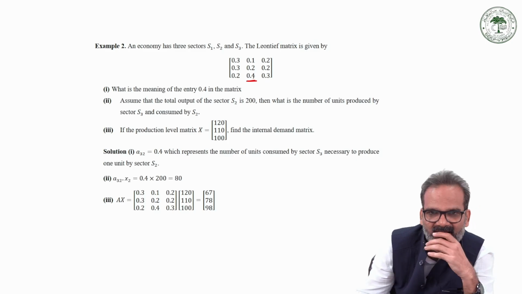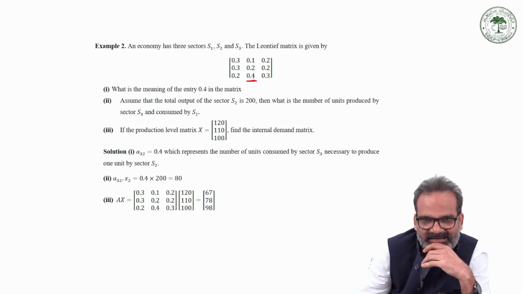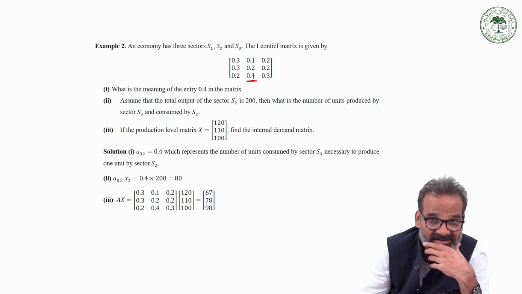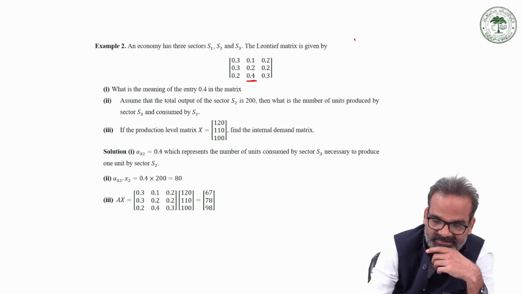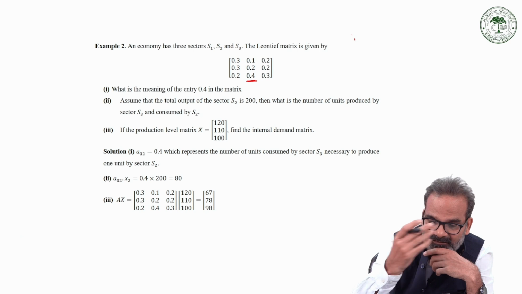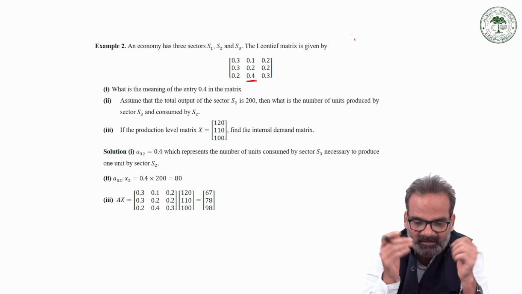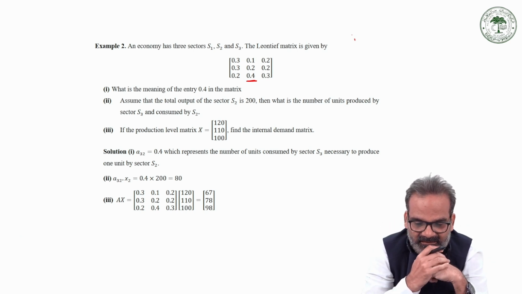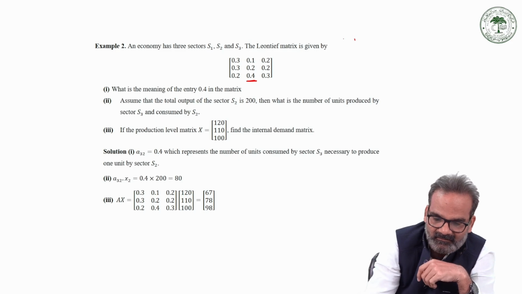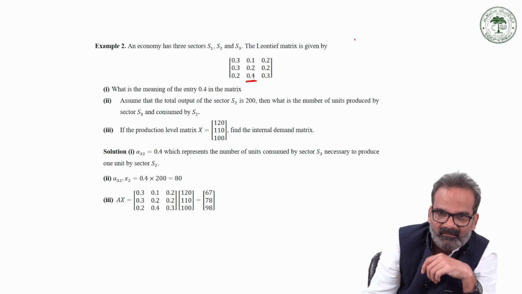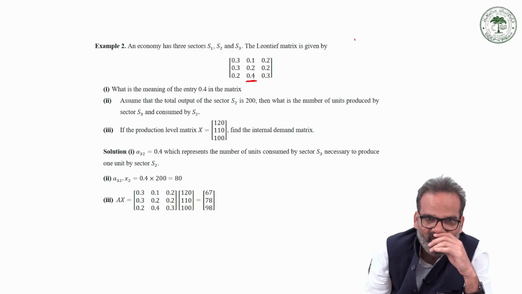Look at this, 0.4 is lying in the third row and second column, so it is represented by the third row and second column. What does it represent? What is the meaning of the entry 0.4 in the matrix?